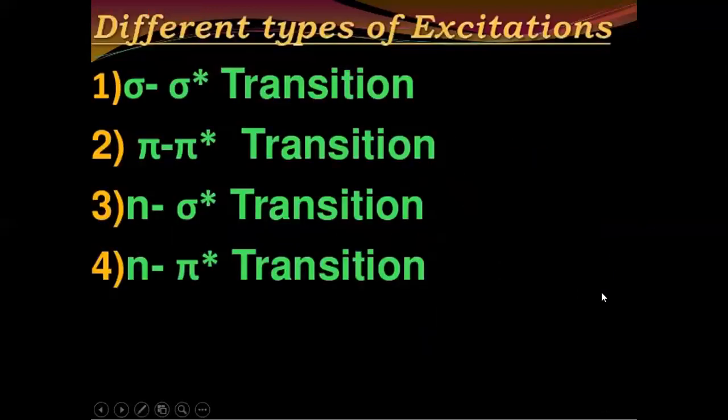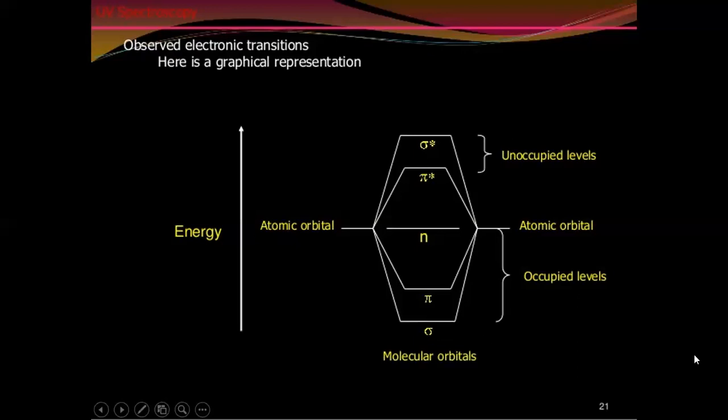Now, coming to the next one, the pi to pi star transition. Pi to pi star transitions occur in unsaturated molecules. Generally pi electrons are observed in unsaturated compounds.